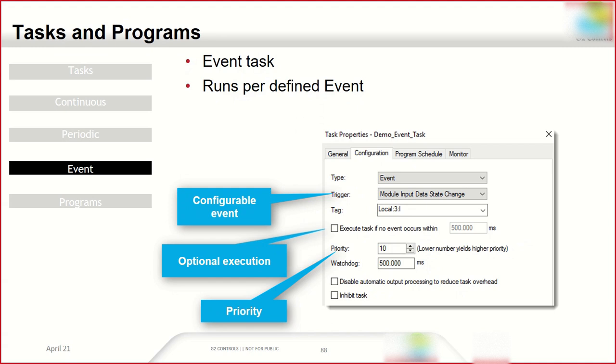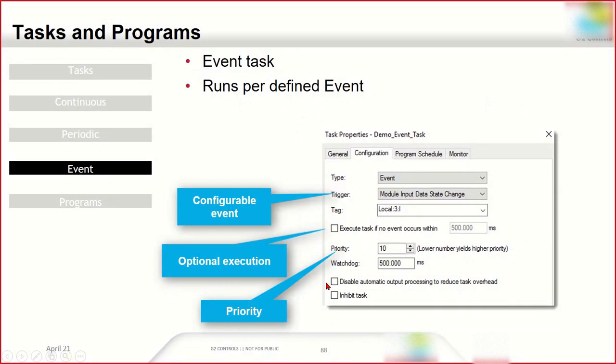This event task has higher priority than the other tasks. If there is a fire, and the fire sensor detects the fire, it will trigger this task, and your safety logic starts executing, and your safety actions will be taken by this event task. At that time you can use this event task. Most of the time when safety is required, you can use this event task.